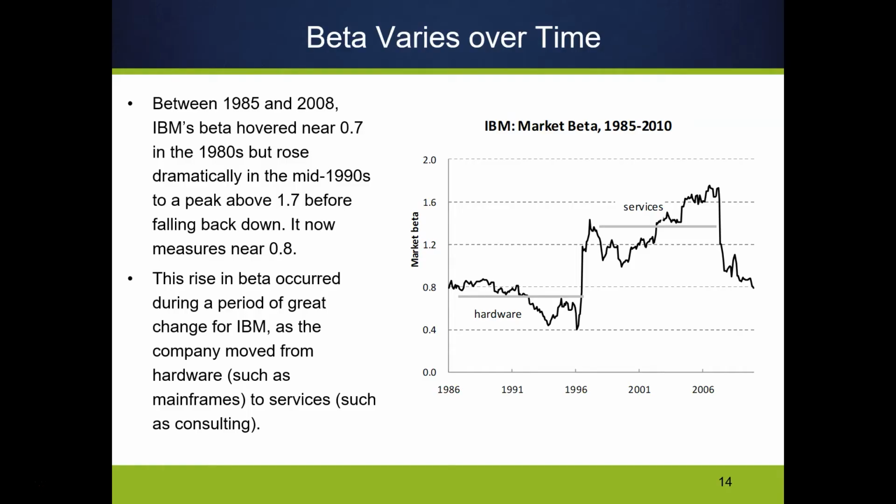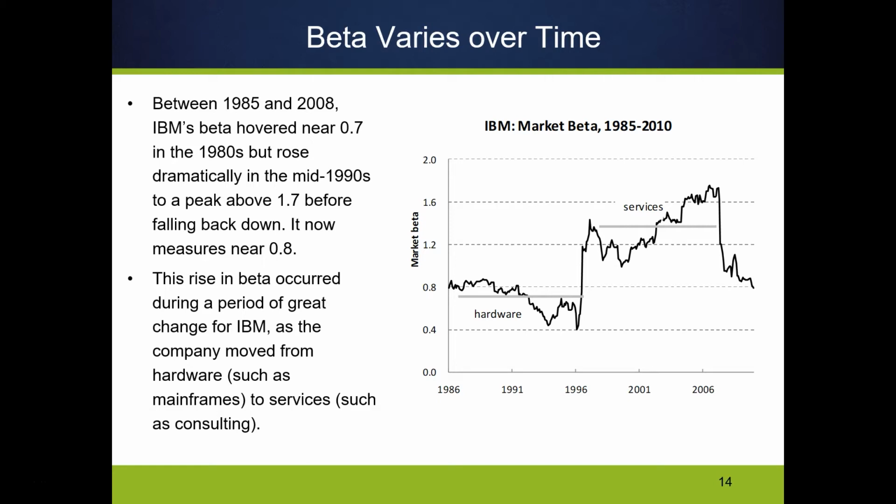Right? So here we can look at a graph of IBM's beta over the period from 1985 to 2010. And in that period, IBM experienced a significant change. They shifted from being primarily a hardware-based company that sold the physical computers and the physical servers and all the associated parts of IT for a company, to being primarily a service-based company.